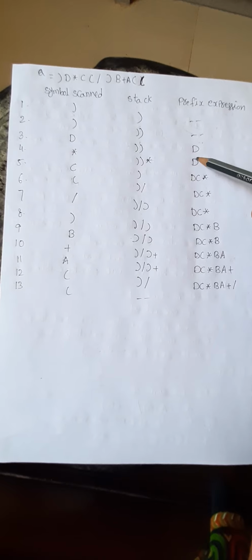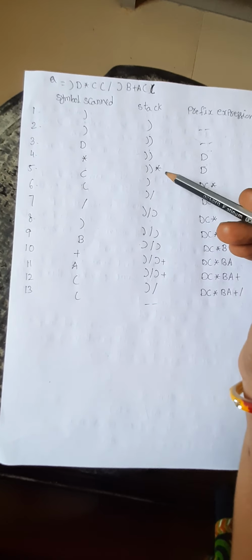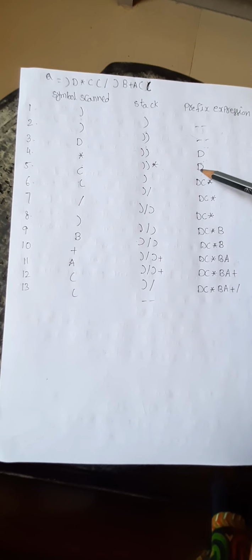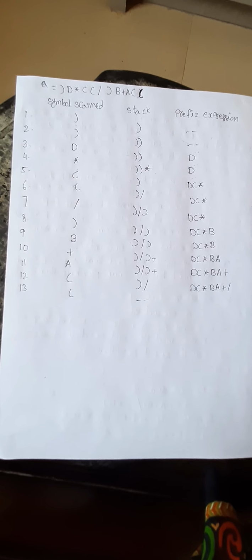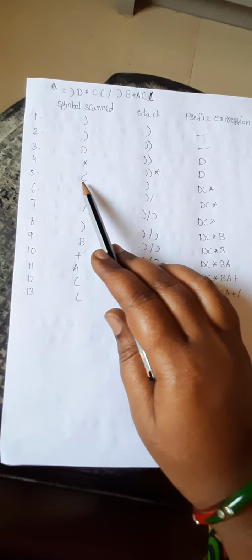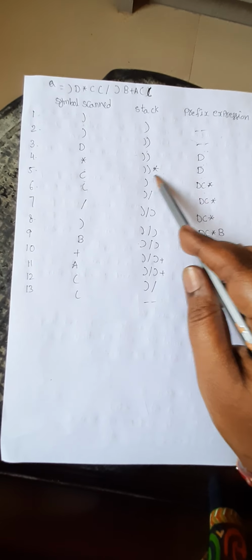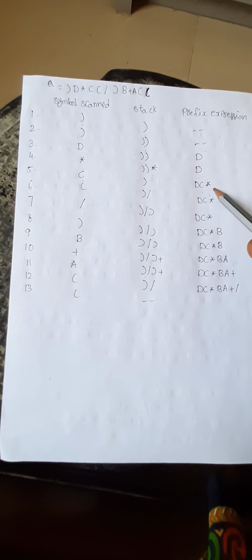D will be added to the prefix expression, and the multiplication symbol goes to the stack, based on the precedence, higher precedence or same precedence. Whenever another operator is encountered, at that time we have to write the prefix expression. And see the next one, here C will be scanned, so that DC, now the multiplication symbol will be taken into the prefix expression.